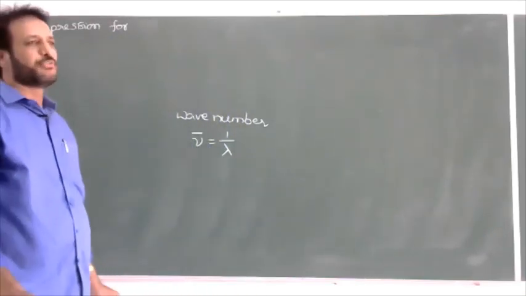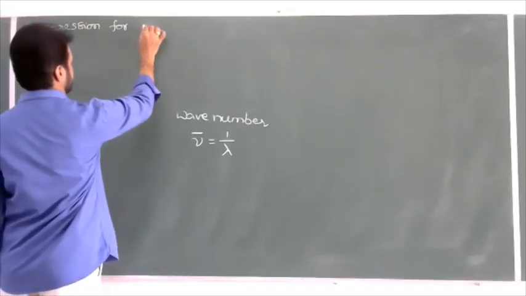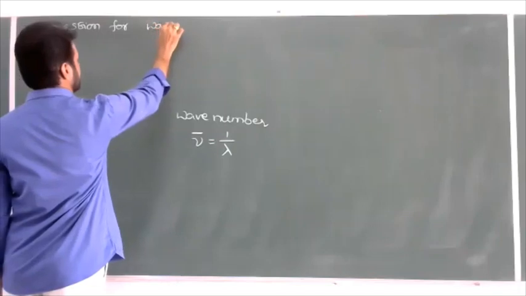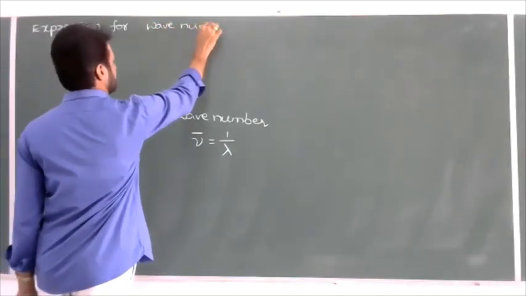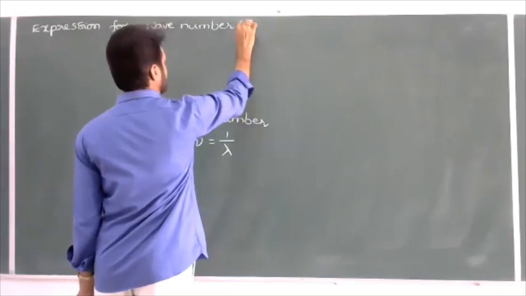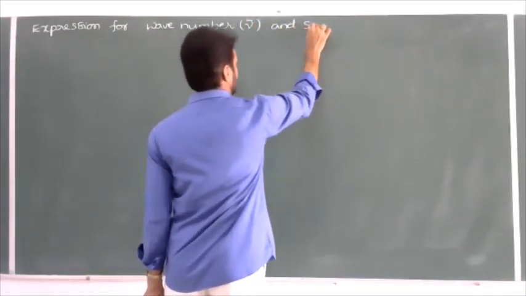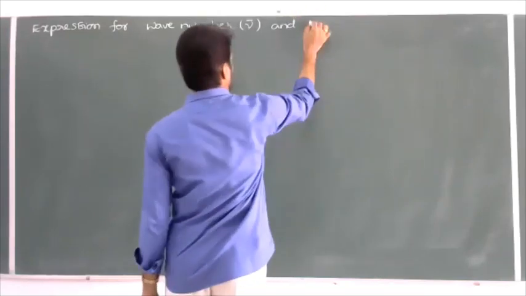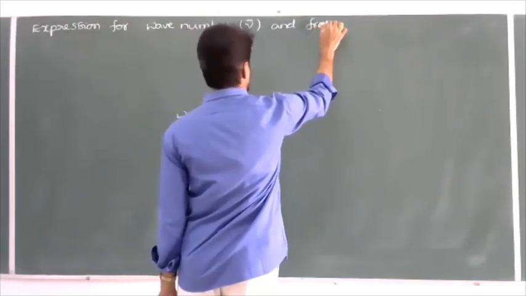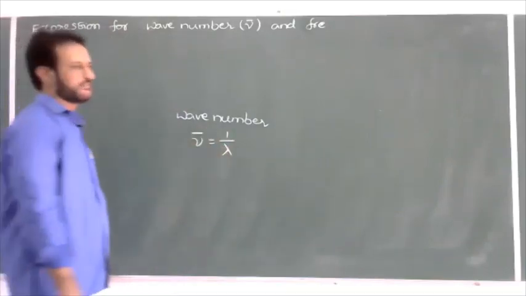In brackets, write nu bar, the wave number symbol. So write the formula: wave number, nu bar, is equal to 1 by lambda.